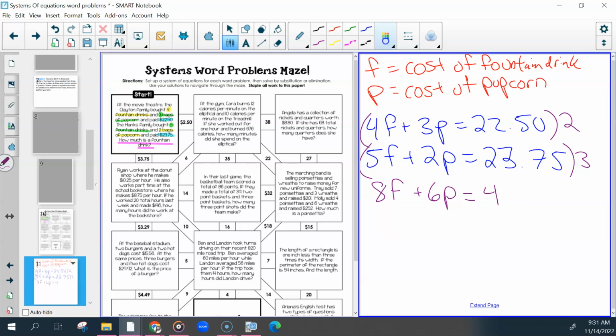Then 15F and 60, and then 2375 times 30. 71.25. So, yes. Did you do the price?